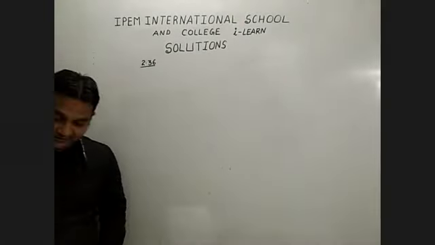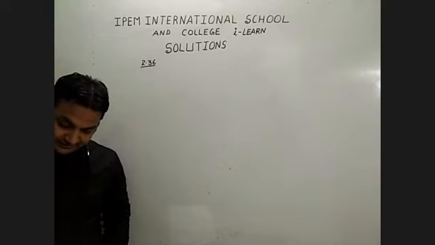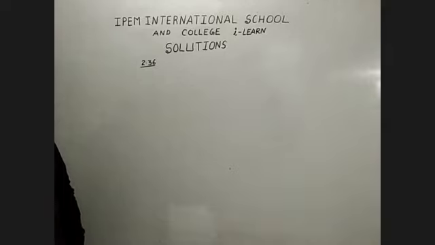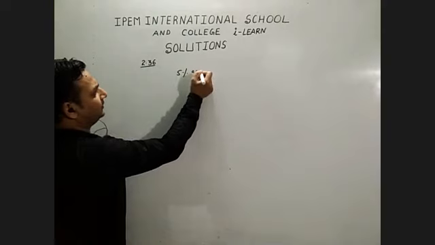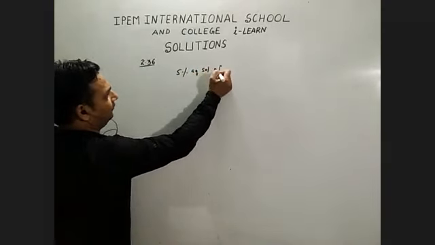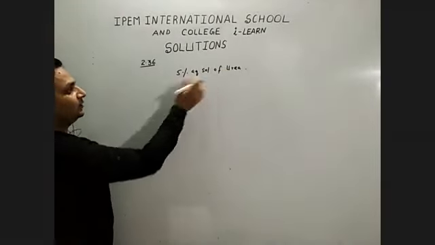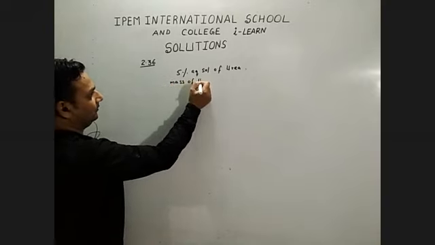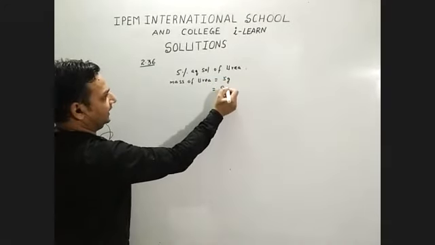If I have to do this question: calculate the vapor pressure at the same temperature of a 5% aqueous solution of urea. Vapor pressure of water they have given. 5% aqueous solution of urea means the mass of urea will be 5 gram, so water has 95 gram.